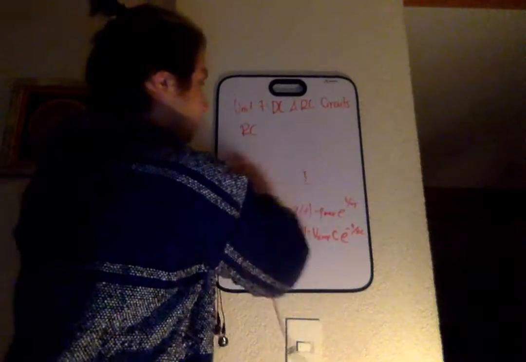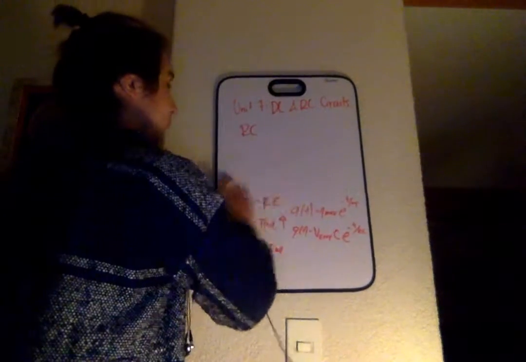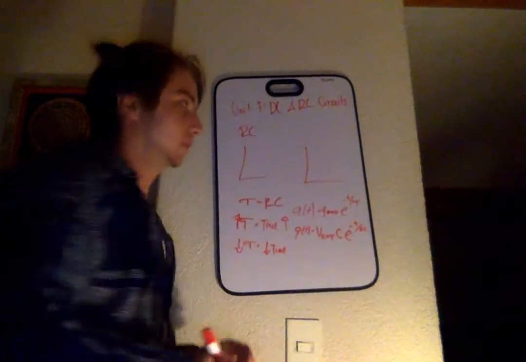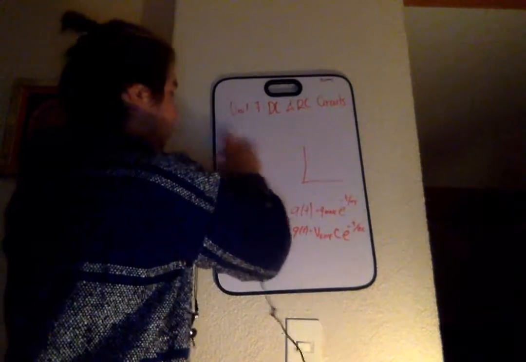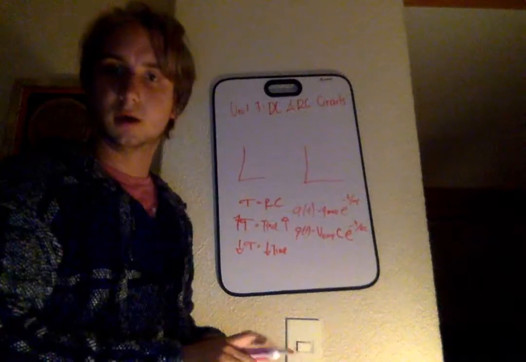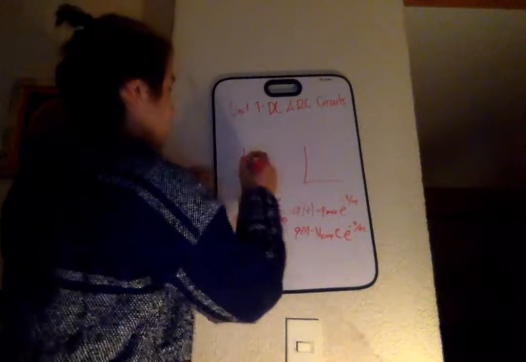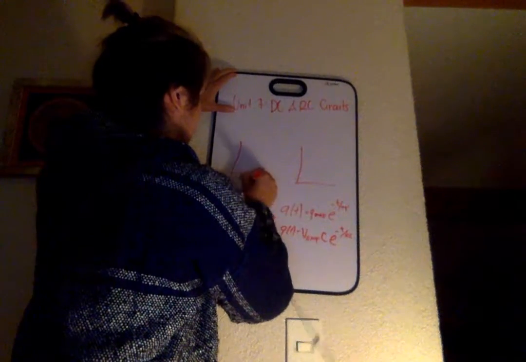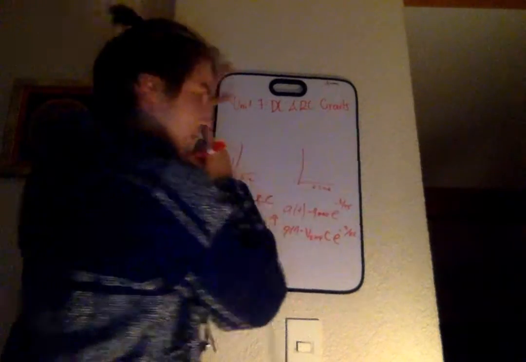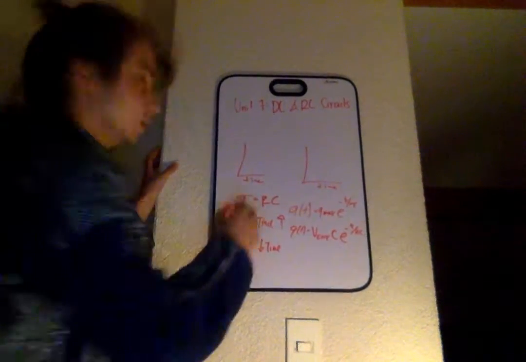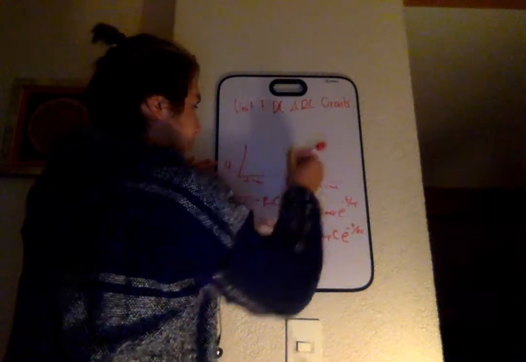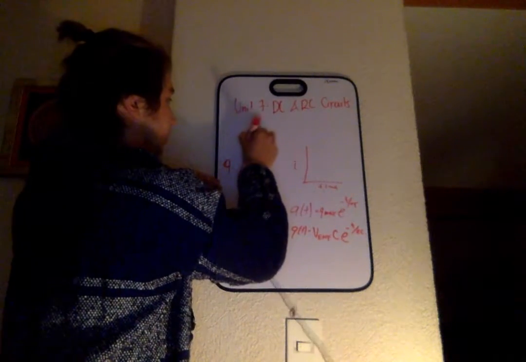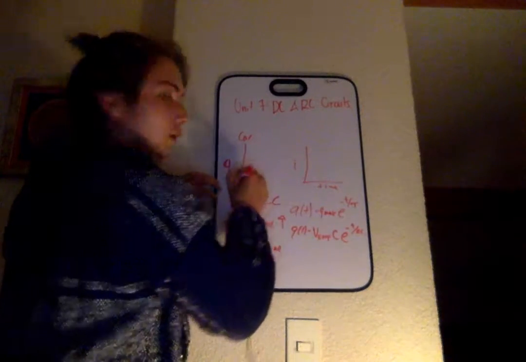And the last thing I want to show before my computer turns off is the graphs. So if we were to observe, okay, this is time, this is charge, this will be current. If we were to observe the charge at the capacitor, it would look something like this.